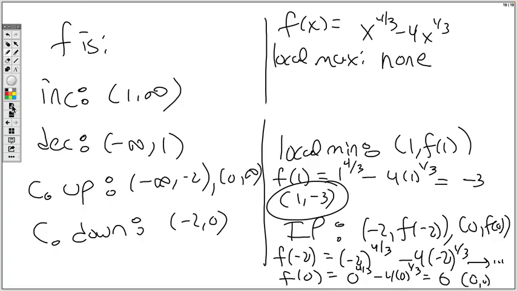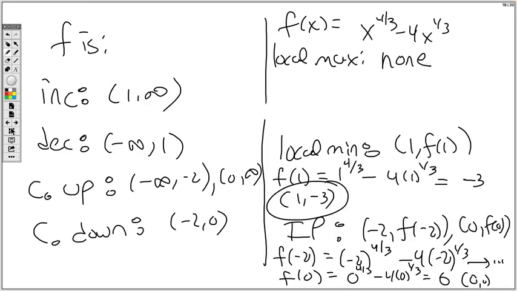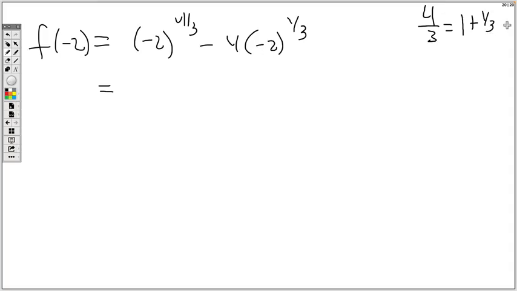So let's talk about the f of -2, a little algebra review here. Okay, properties of exponents. You've got 4/3 power. 4/3 is 1 and 1/3. You follow? So I've got an entire factor of -2 times -2 to the 1/3.